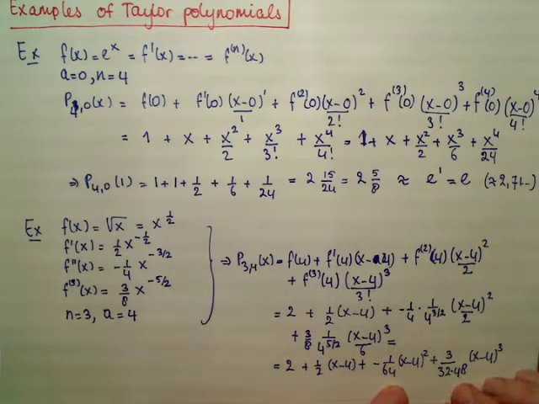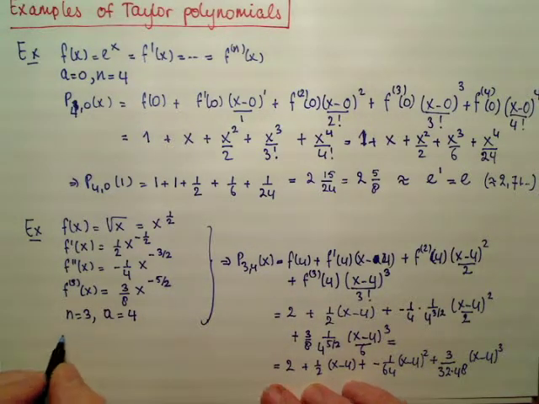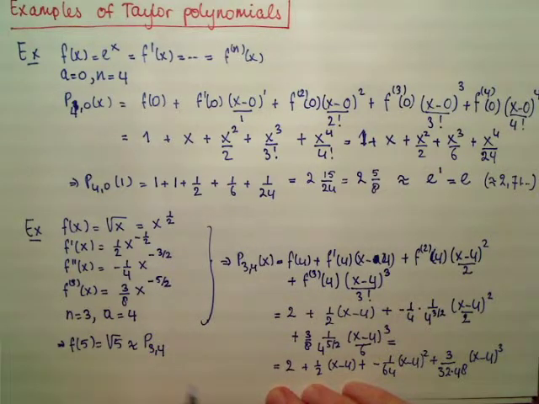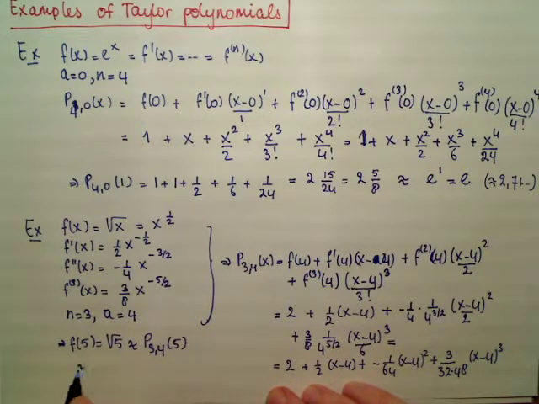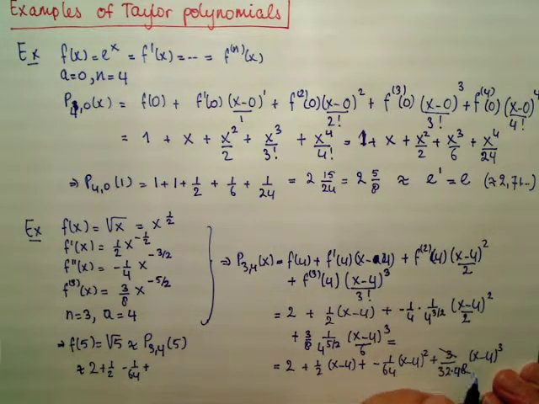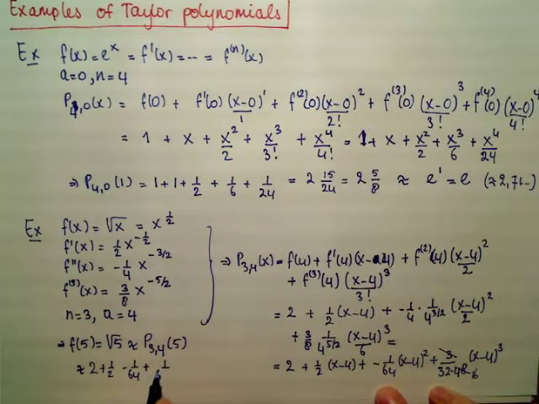So this is already a very small number, and if we would like to approximate the function at the point 5, so the square root of 5, then supposedly this is approximately equal to the third order Taylor polynomial with base point 4 evaluated at the point 5, and the latter is equal to, well, we have 2 plus 1/2 times 1, minus 1 over 64 times 1, plus 3 over, we can just cancel out common terms, 16, we get 16 times 32, so it's 256, 1 over 512 multiplied by 1 to the power 3, and we can compute this.